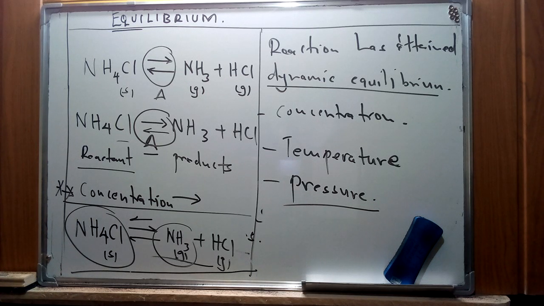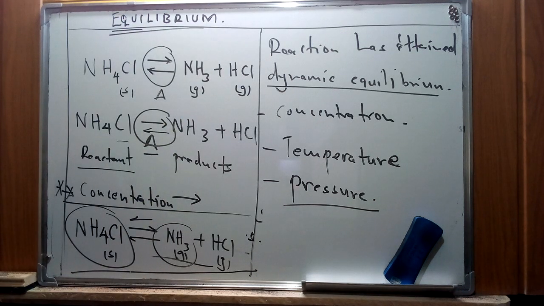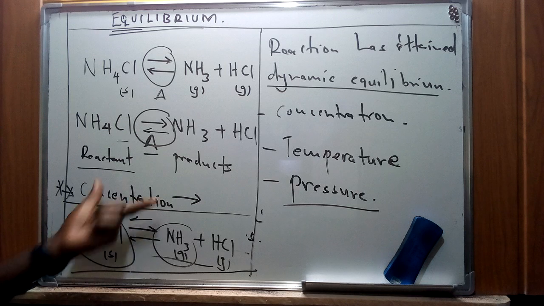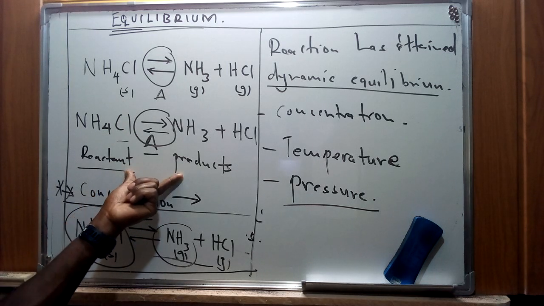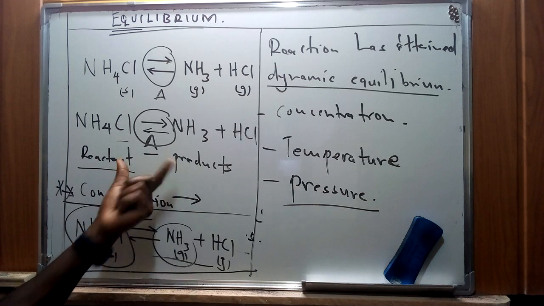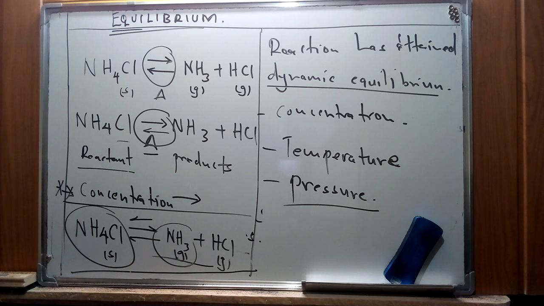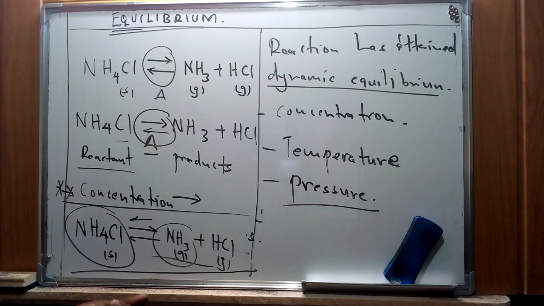So I hope that we have understood what the concept of equilibrium means. And as we have said, as we discuss these various topics, they find wide applications in our day-to-day life, especially in trying to optimize the production of a product or maybe an industrial product and trying to optimize the yield.